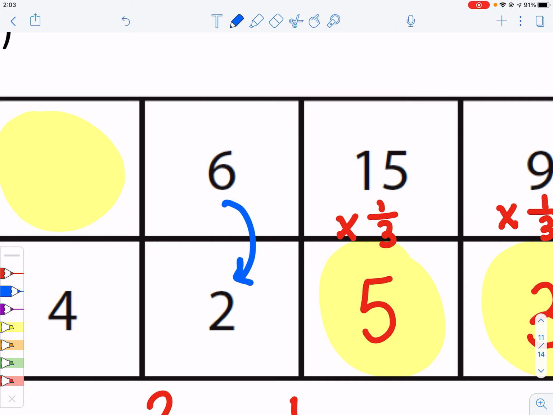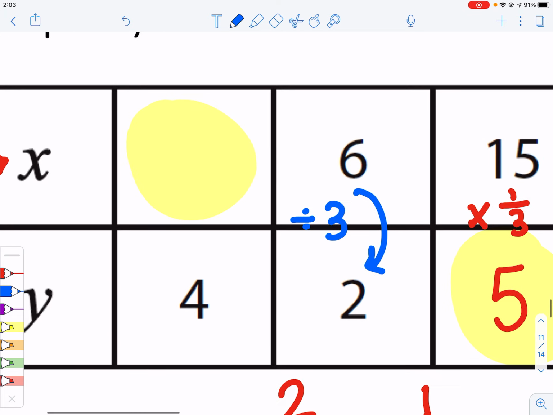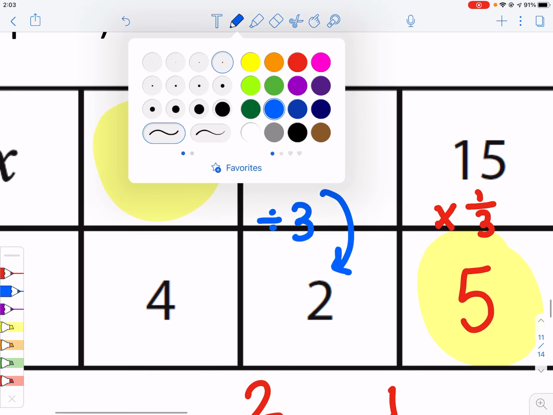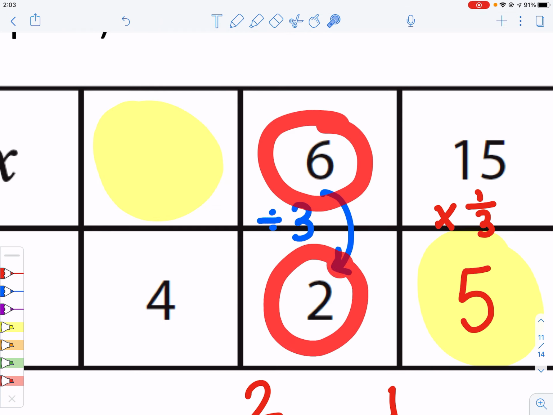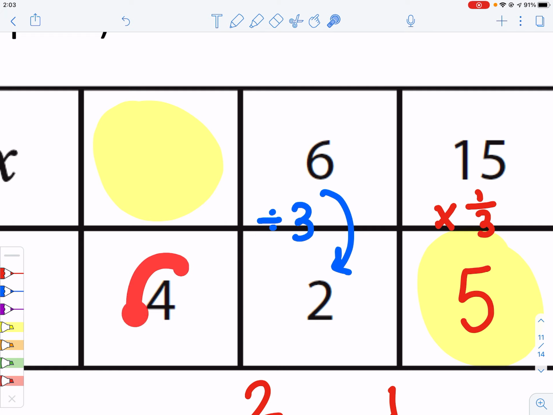So 6 divided by what is going to give me 2? Well, I know if I take 6 divided by 3, that's going to give me a 2. Okay, so then to find this missing number right here, I can just think backwards. So if I go from x to y, I have to divide by 3. Then going y to x, I'm going to multiply by 3.